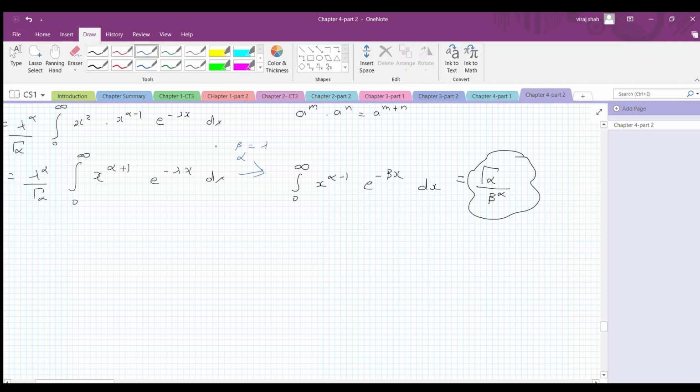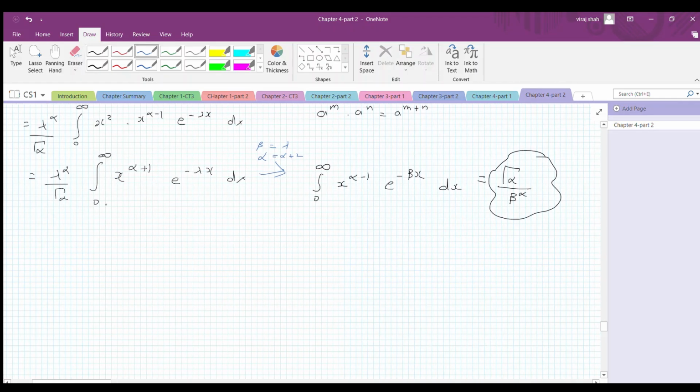What do I get? Alpha. I can now write this as x raised to alpha plus 2 minus 1. Now comparing this part and this part, I basically get my alpha as nothing but alpha plus 2. Okay guys, these steps are quite similar, I know that, so I'm going a bit fast.